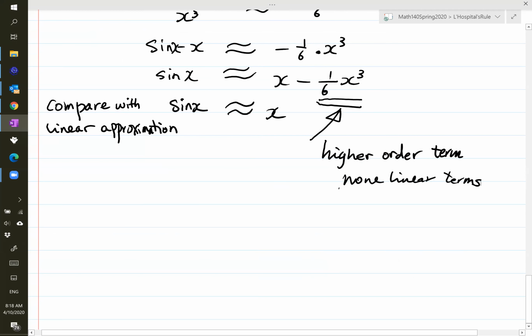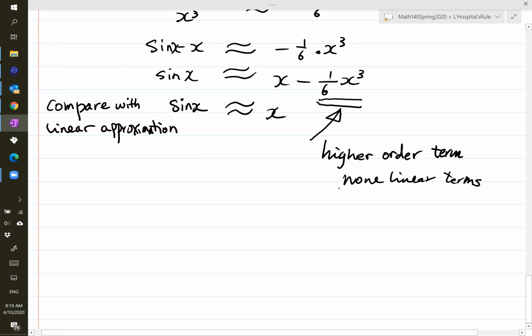Can we get a higher order approximation of sine x and cosine x? Here we used L'Hopital's rule 3 times, but actually we can do better. There's no reason to stop at 3. If we apply L'Hopital's rule more times, we get a better and better approximation.